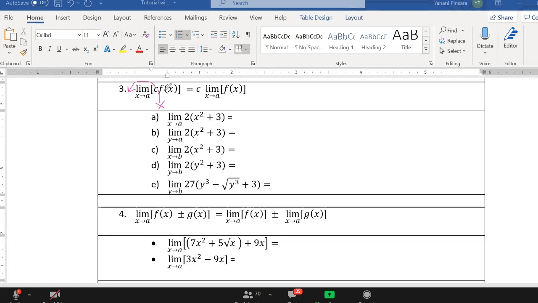If you have a multiplication sign in between the constant and the function, only you can take this constant outside the limit. Okay.